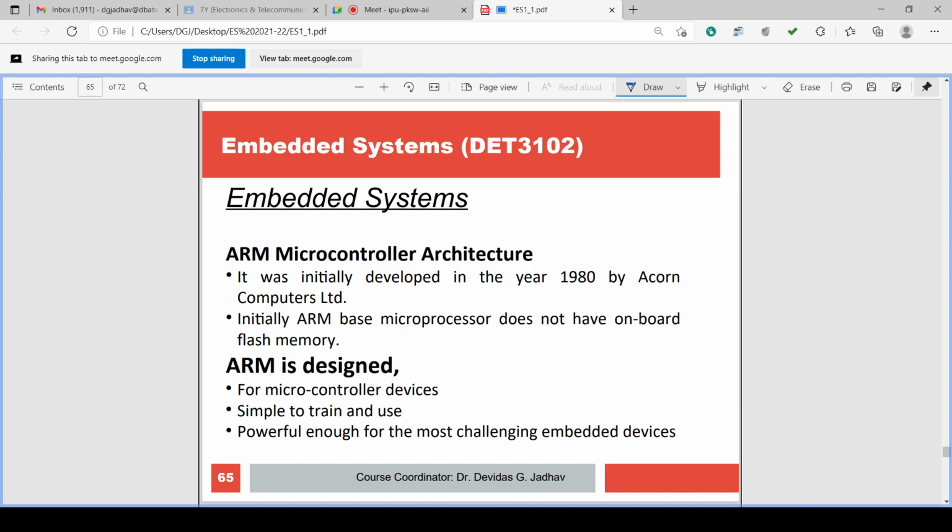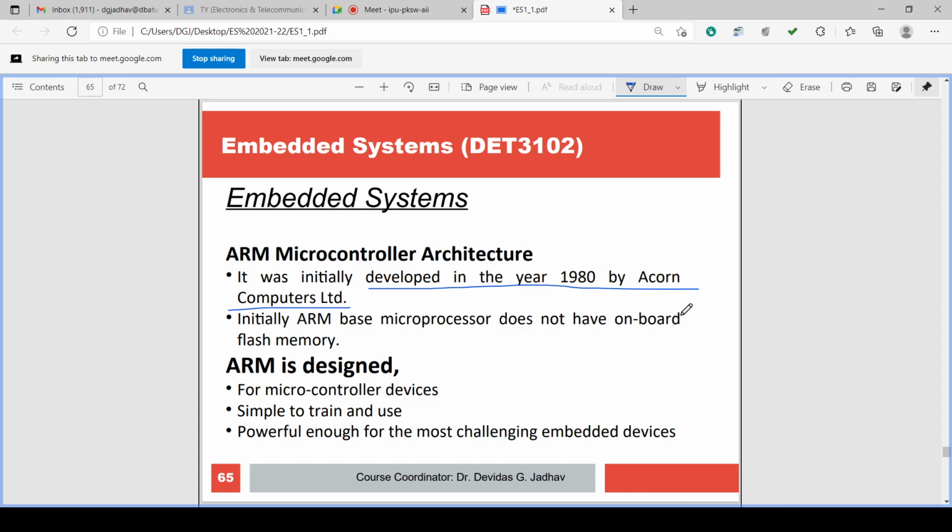In case of ARM microcontroller architecture, it was initially developed in the year 1981 by Acorn Computers Limited. Initially, ARM-based microprocessors did not have onboard flash memory.